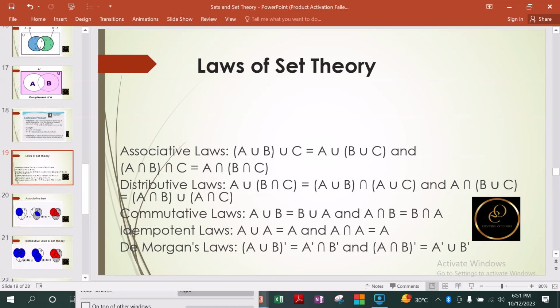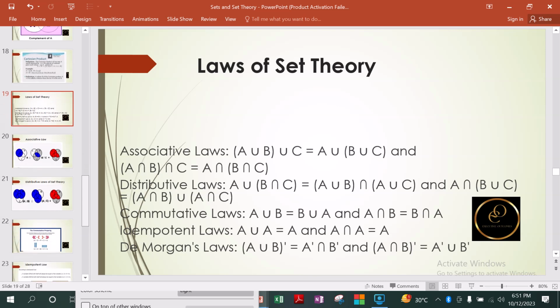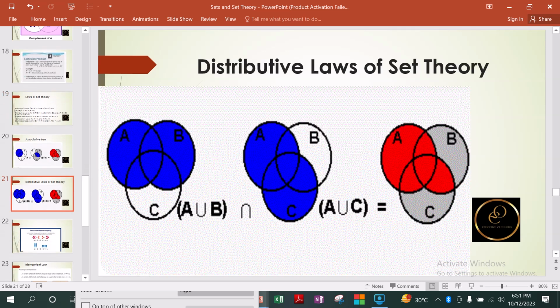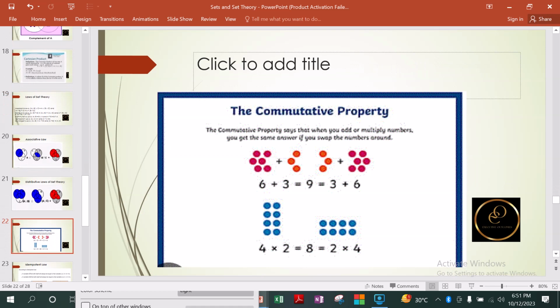So let's look at the diagrammatical presentation of commutative law. You can see here you have commutative law. The first one has 6 elements, then the next one has 3 elements. If you sum them up, the union of these two will be 6 plus 3, which is 9, the same as if you start with 3, then sum up the next 6: 3 plus 6 will still be 9.